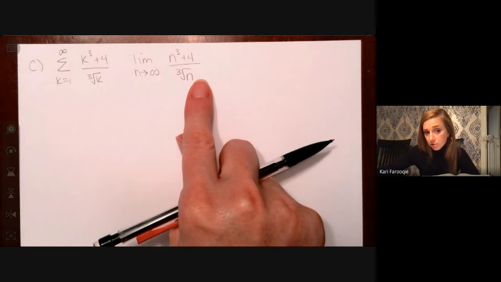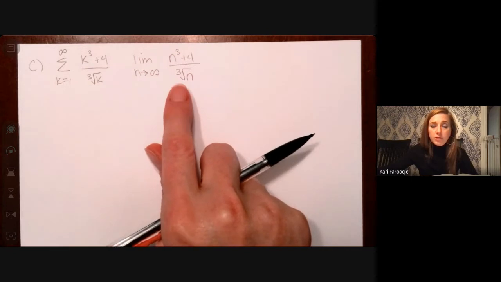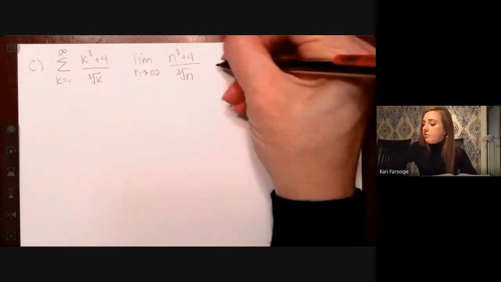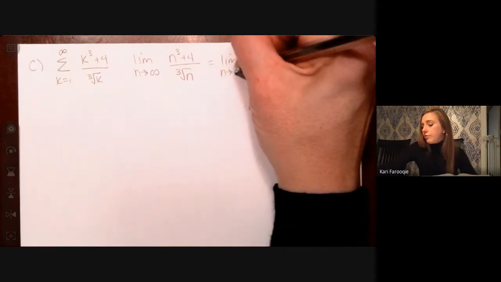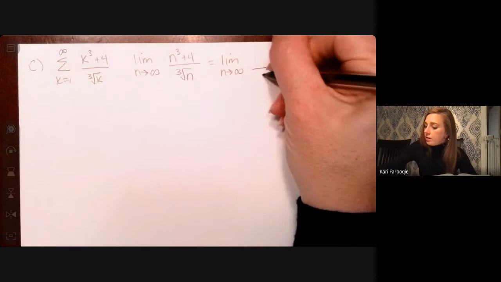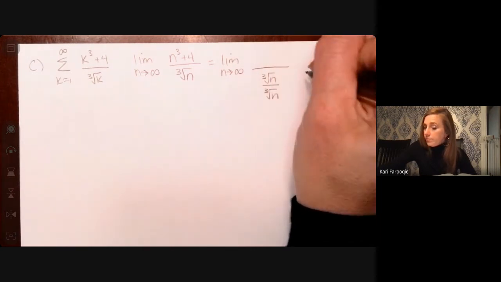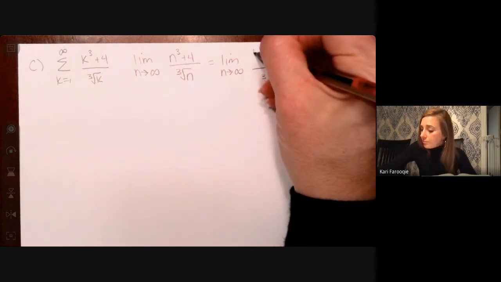What you can do, however, is a method from Calc 1 where we always divided by the highest power that you saw on the variable in the denominator. So what I would do if I were you to find this limit is divide the numerator and denominator by the cube root of n, because that's the highest power that you have in the denominator.